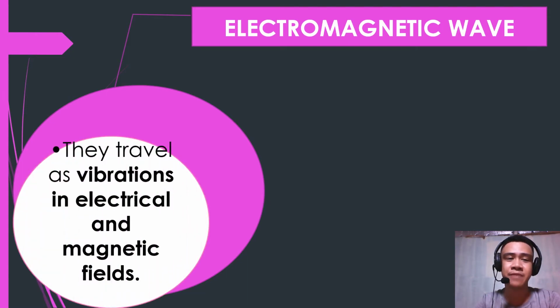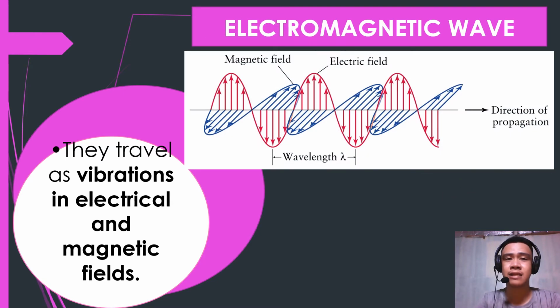Electromagnetic waves also travel as vibrations in electrical and magnetic fields. Electromagnetic waves, or EM waves, are waves that are created as a result of vibrations between an electric field and a magnetic field. In other words, EM waves are composed of oscillating magnetic and electric fields.